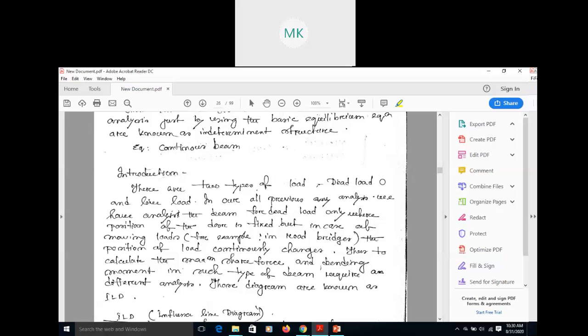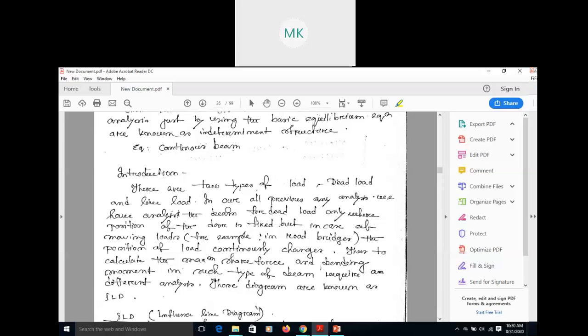So as per the live load, what is the effect on any particular structure? How does it affect the structure? What will be the SFD, BMD? What will be the calculation? How do we need to proceed? These things we are going to discuss in this chapter.